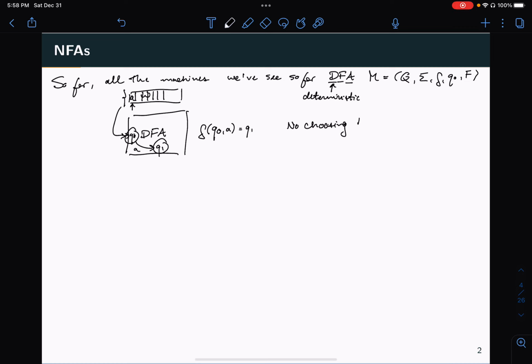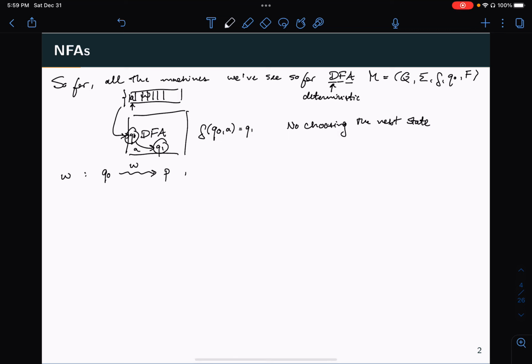okay? And so that means that from start to finish, if you were to give your DFA M an input string W, right, from start to finish, it would start at Q0, it would read through a series of transitions the string W, and it would finish at some state P, okay?